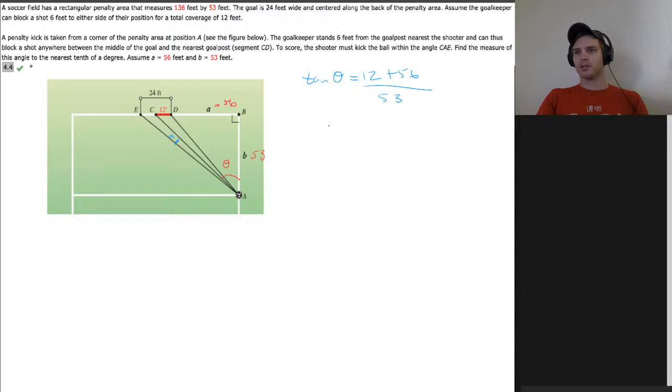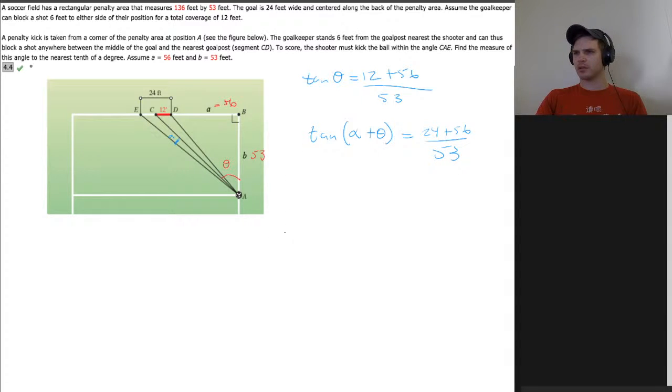And the tangent of alpha plus theta, so that's the full angle, is equal to 12 plus 12 plus 56, so 24 plus 56 over 53.